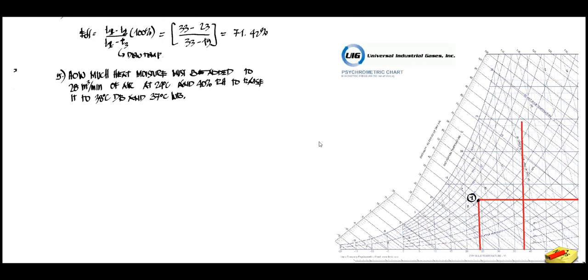Now, what I'm going to do is bring down another psychrometric chart for high temperature applications. I will also send it in the Google Classroom so that you will also have a copy. So I'm bringing down the psychrometric chart from ASHRAE.